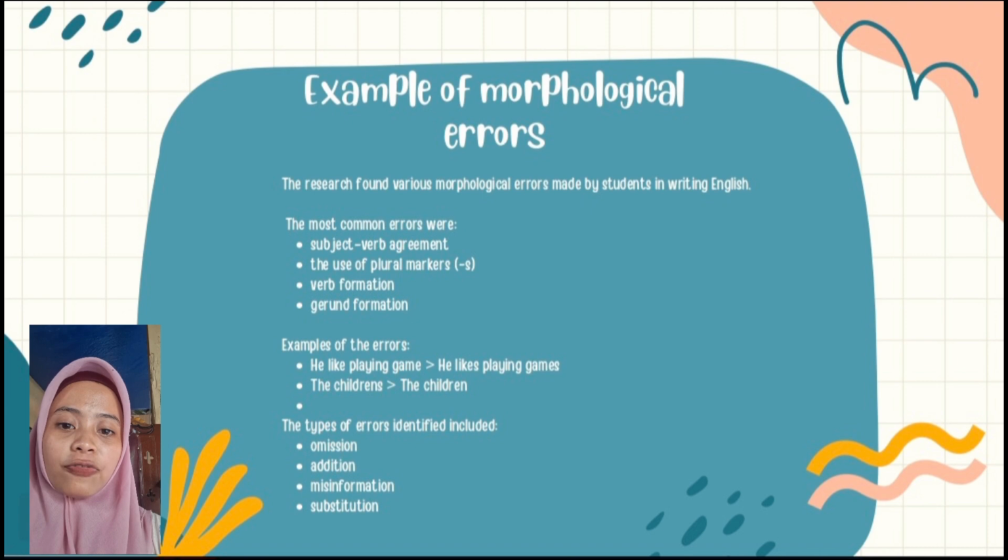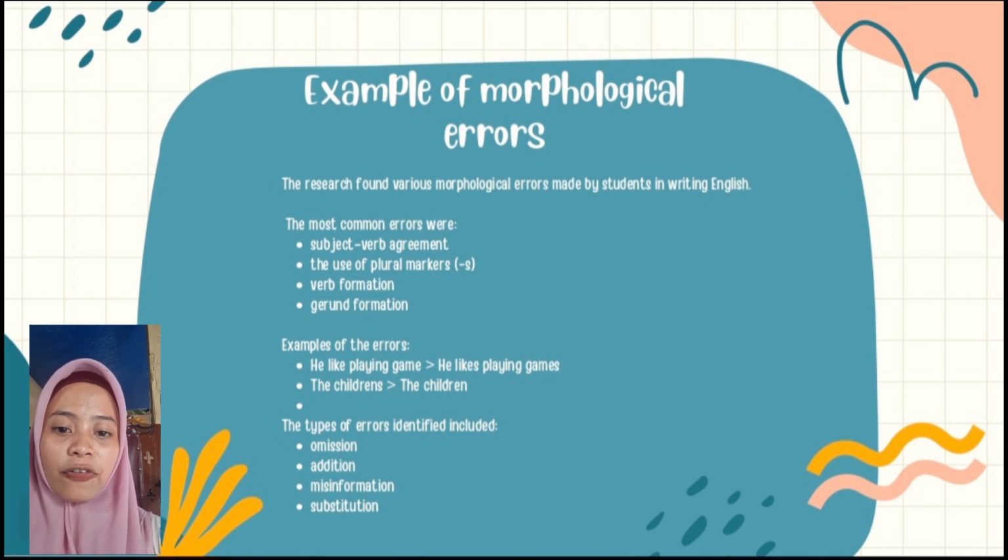Example of morphological errors. The research found various morphological errors in students' writing. The most common errors included subject-verb agreement, the use of plural markers such as s, verb formation, gerund formation.